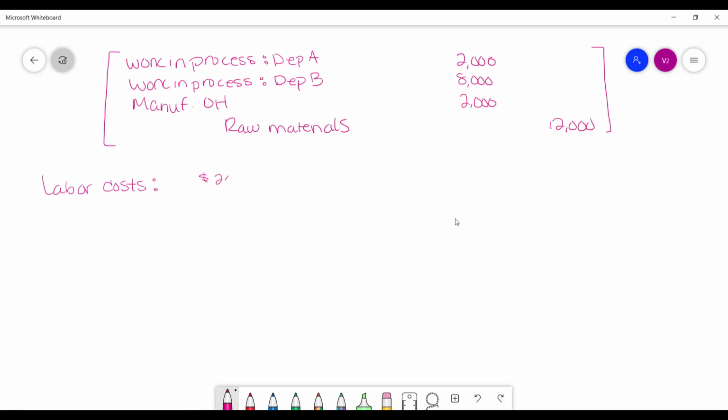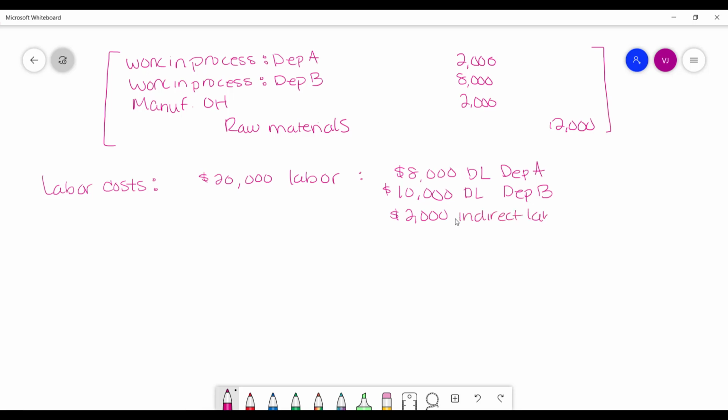So let's assume we have $20,000 in labor. Let's assume it's broken down as follows. Let's say $8,000 of that labor refers to direct labor used in Department A. Let's assume that $10,000 of that $20,000 of labor is direct labor that was used in Department B. And then let's assume that remaining $2,000 refers to indirect labor.